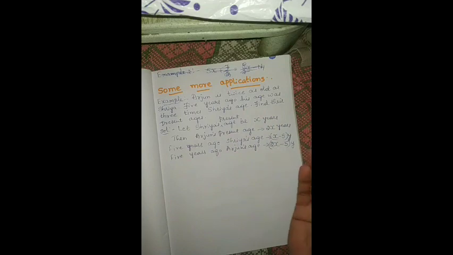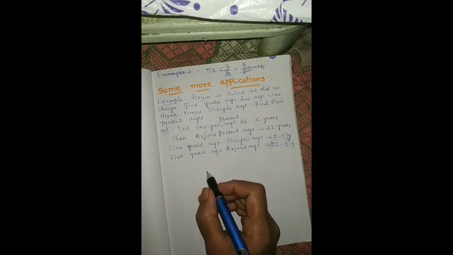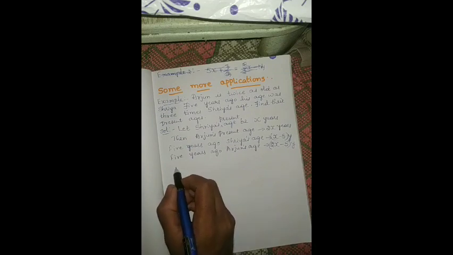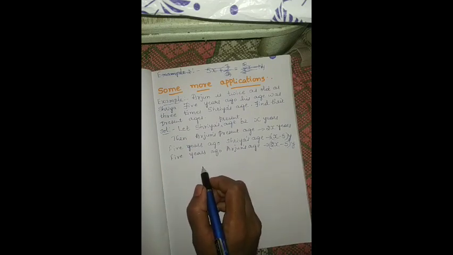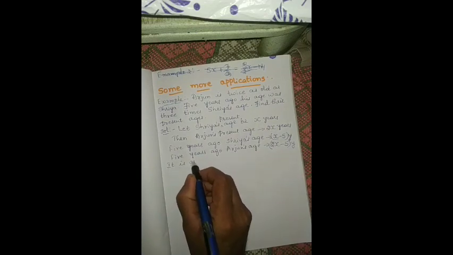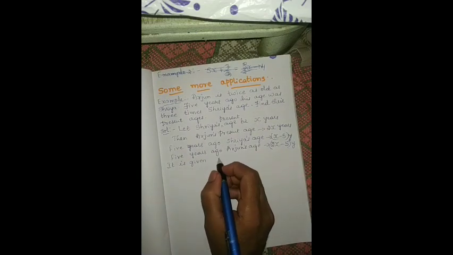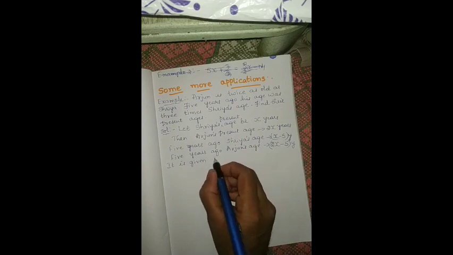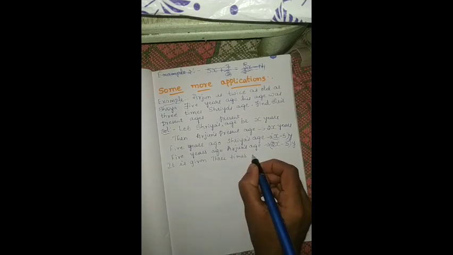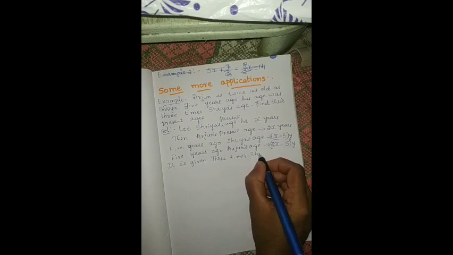So Arjun's age will be 3 times Shreya's age 5 years ago. So how do we come to the equation now? It is given 3 times Shreya's age.